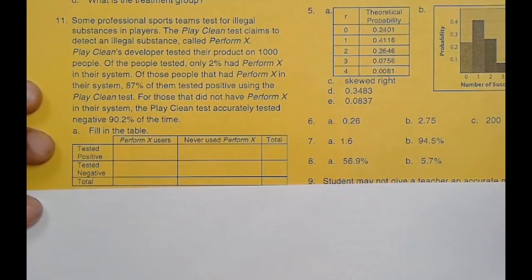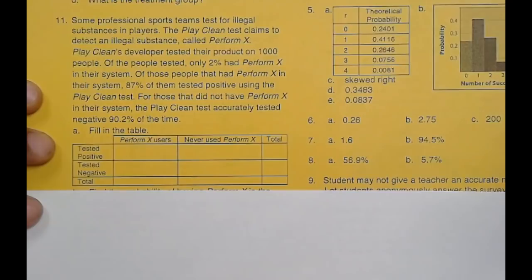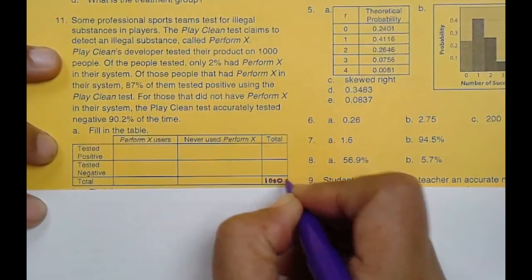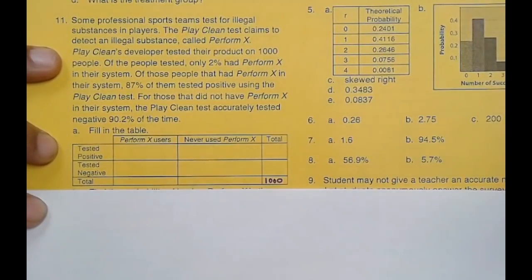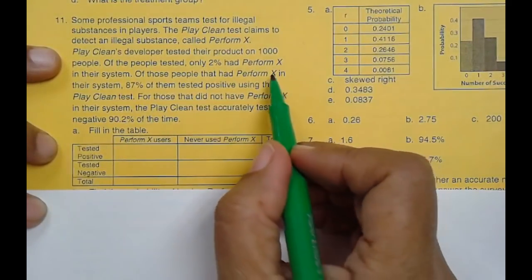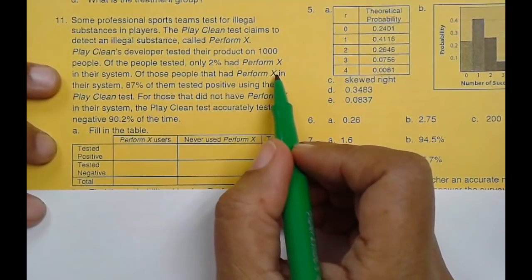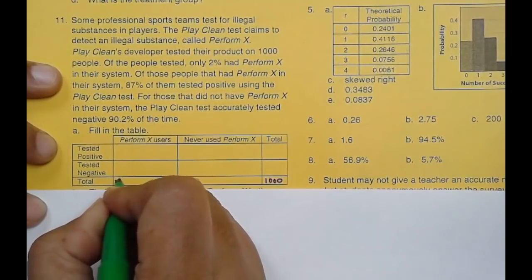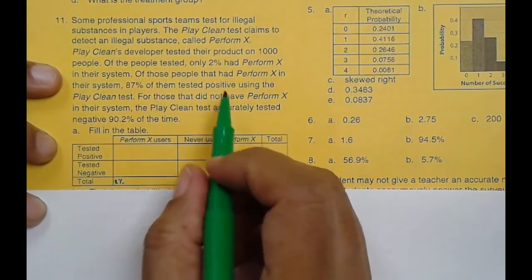So I'm actually just going to fill it on here. We know that it had a total of 1,000 people. Of the people tested, 2% had Performance X in their system, so they're Performance X users. This is going to be 2%. I'm just going to put the percentage in; we'll figure it out in a little bit.